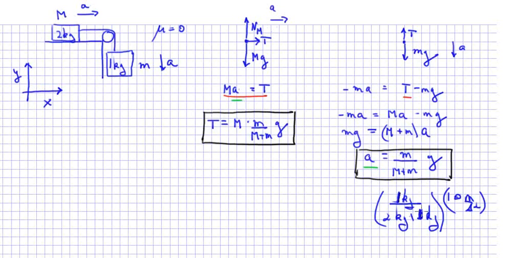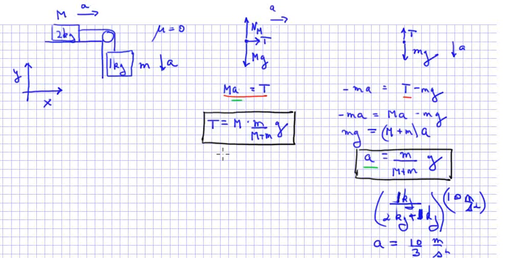So this is 1 over 3, so it's 10 thirds meters per second squared. That's what a is equal to. In decimals, that's equal to 3.33 meters per second squared.